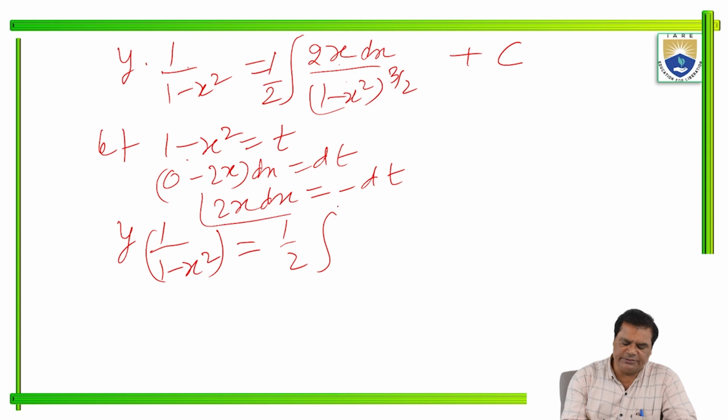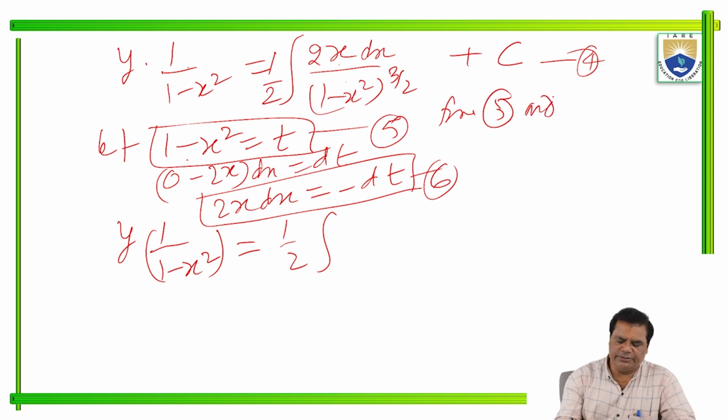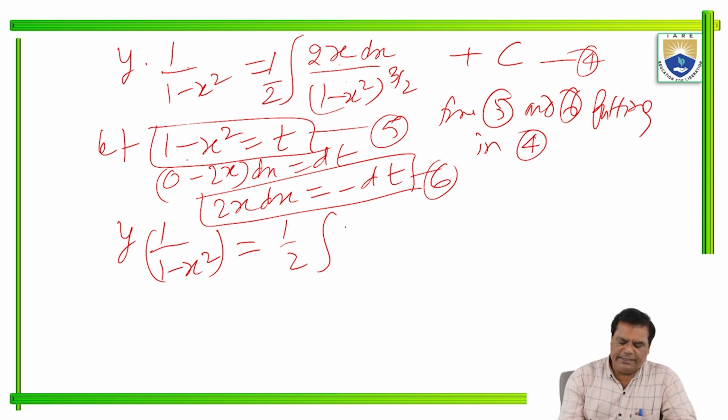Putting 5 and 6 in 4, we get minus dt upon t to the power 3/2 plus c.